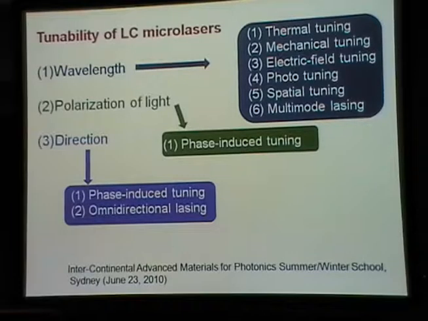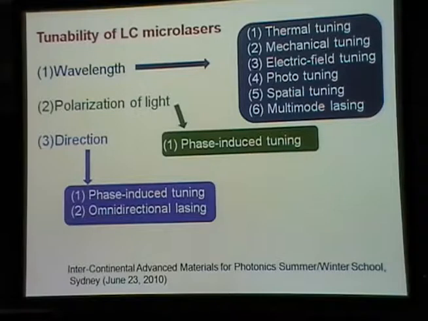So anyway, what we should do is change the helical pitch. If we can change the helical pitch, we can tune the wavelengths of lasing. First I will show you that by changing temperature, we can tune. And the other ones are mechanical tuning, electric field tuning, photo tuning, and spatial tuning.